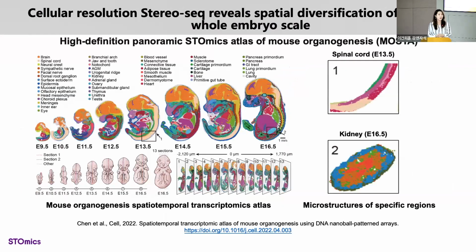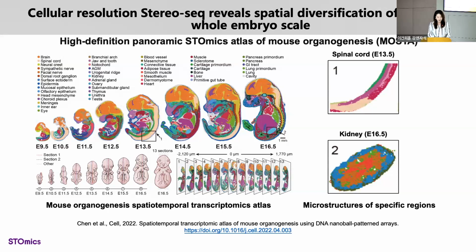I'd like to walk you through some of the applications, the publications we've done. We have some displays that you can hold in your hand and take a look at. In an early publication by Cheng et al. in the journal Cell in 2022, Stereo-seq overcame the limitations of existing methodologies, striking a balance between capture efficiency, resolution, and field of view.